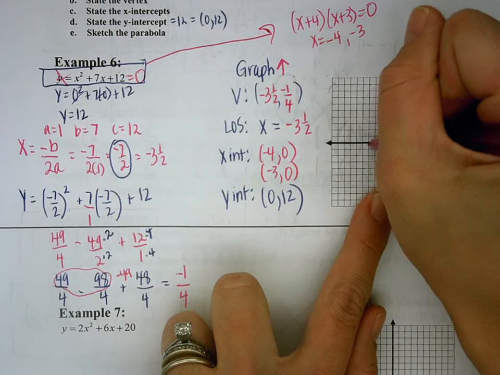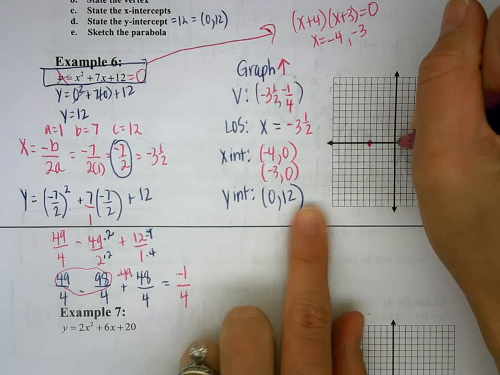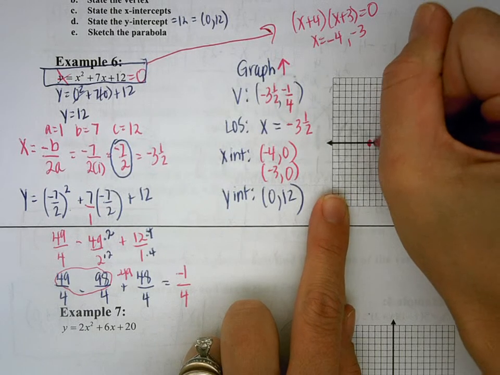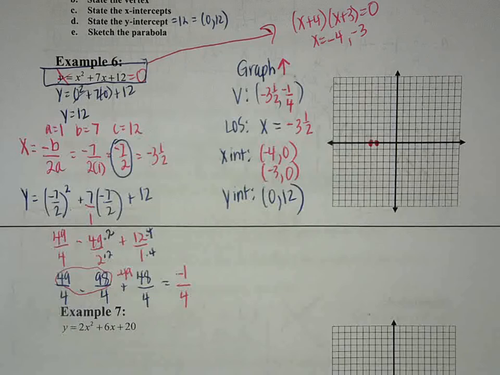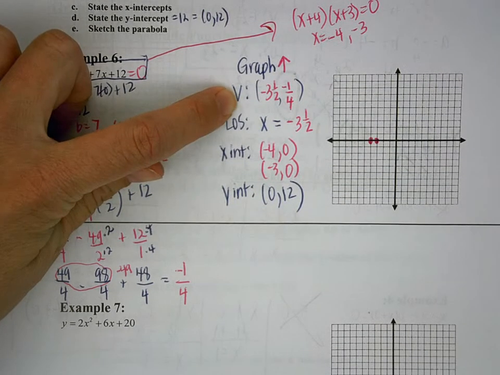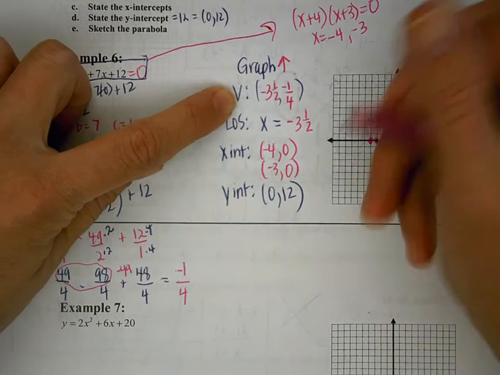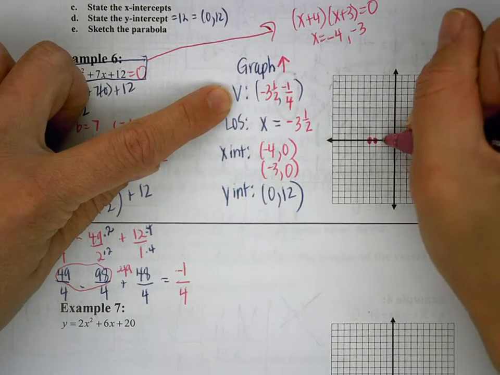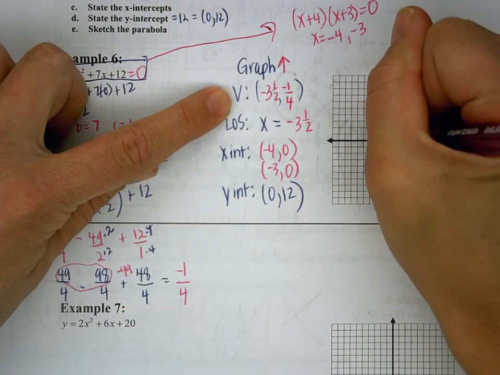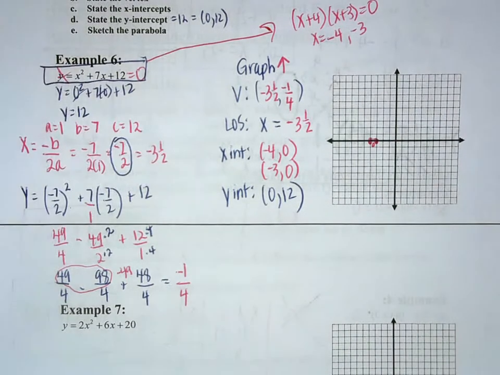And then you also have a negative 3, 0, which are pretty close, but that's okay. Your vertex is at negative 3.5, comma, negative 1/4. Negative 3.5, you go 1, 2, 3.5. It's right in between those two, isn't it? And then down 1/4 is going to be just in the middle right there.